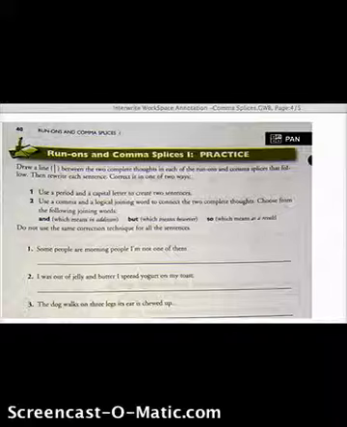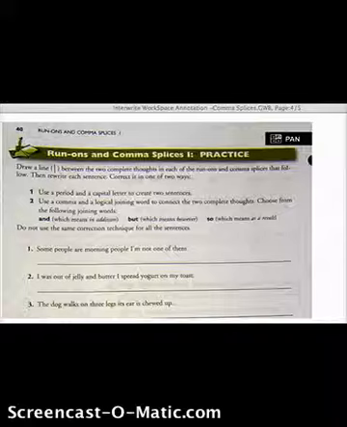Choose from the following joining words. And, which means in addition. But, which means however. And so, which means as a result. Do not use the same correction technique for all of the sentences. Be sure that you're using both methods, 1 and 2.